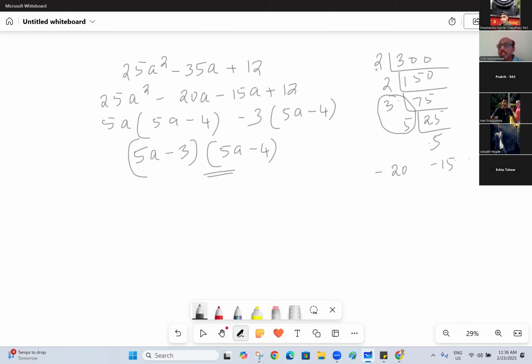Then take 3 into 5 is 15, 4 into 5 is 20. So 20 and 15, it is 35. Now you split the middle term. That's why it's called splitting the middle term. 35 can be written as minus 20 minus 15. Then take the common factor between the first two, and the common factor between the next two. But bear in mind, in the bracket, we should have a common expression. So that's 5a minus 4, that is one of the factors, and the other one will be 5a minus 3.